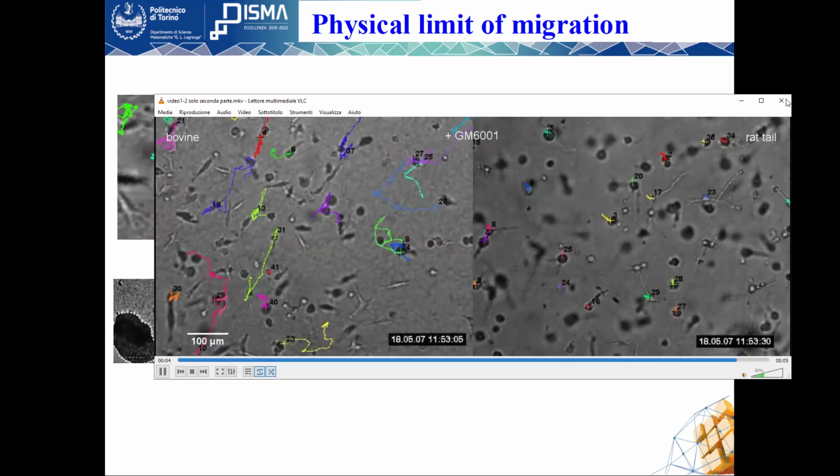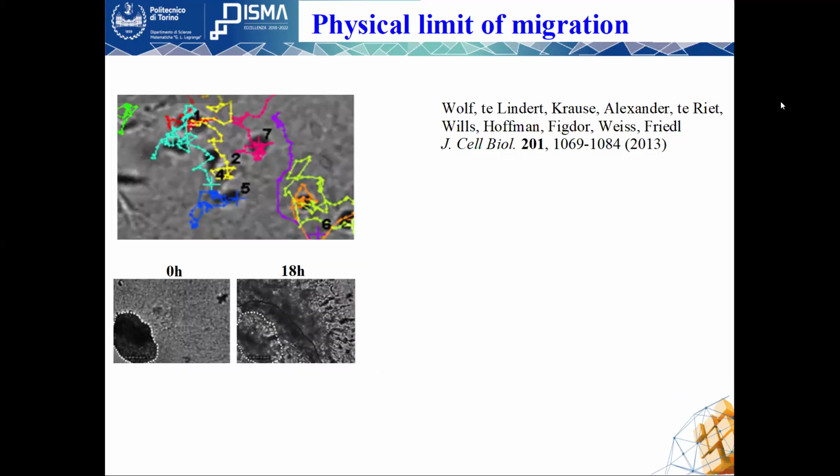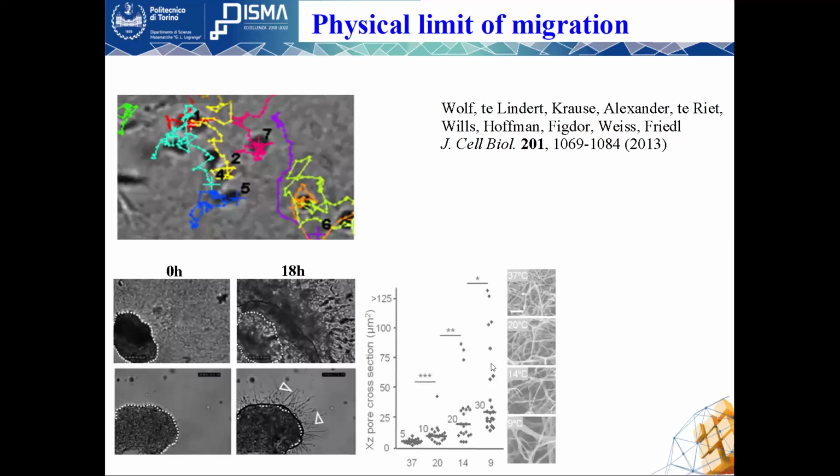This is not, but I will clarify what is the difference between the two. The difference is the following: the former had larger holes, so the cell can crawl in these holes. The latter has smaller holes, very thin wires, and so the cells are not able to penetrate.